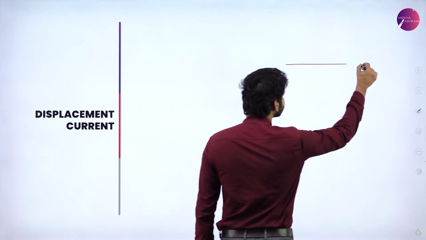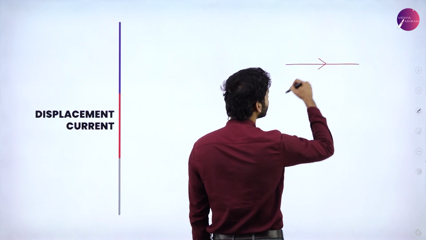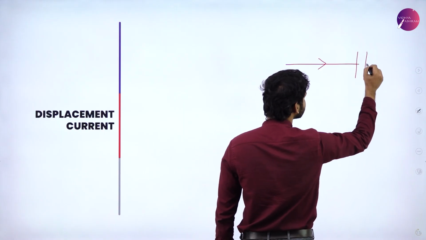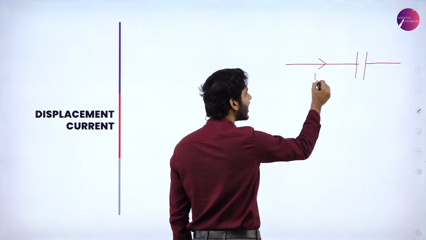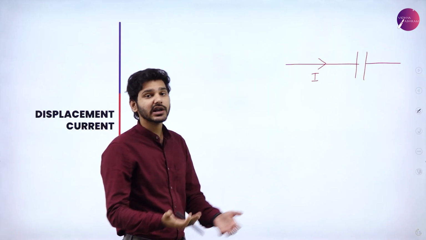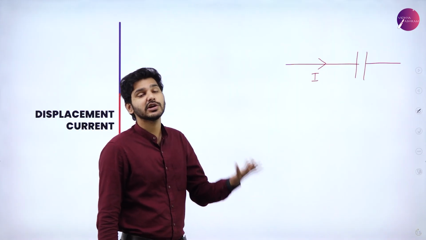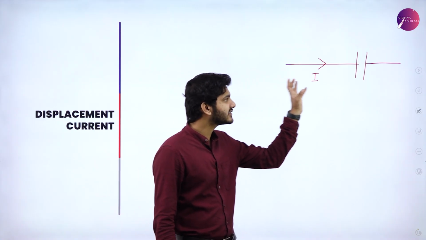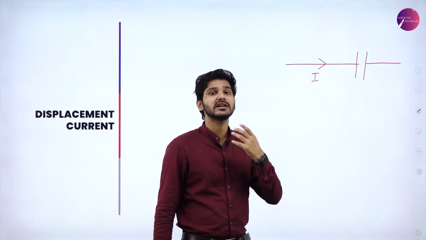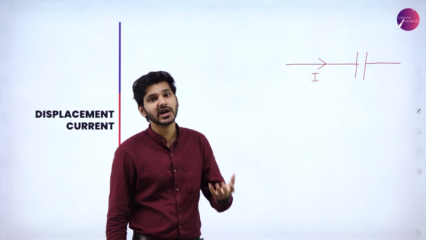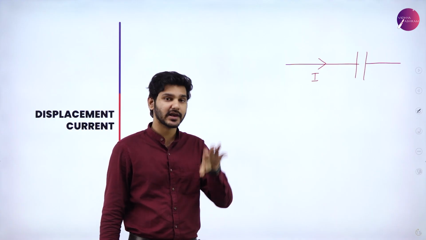So the base assumption is that if there was a power line or simply one wire connected to a capacitor having a current flow of I, then James Clerk Maxwell's argument was that if current is flowing through like this, then there is inconsistency in the charging and discharging of a capacitor.